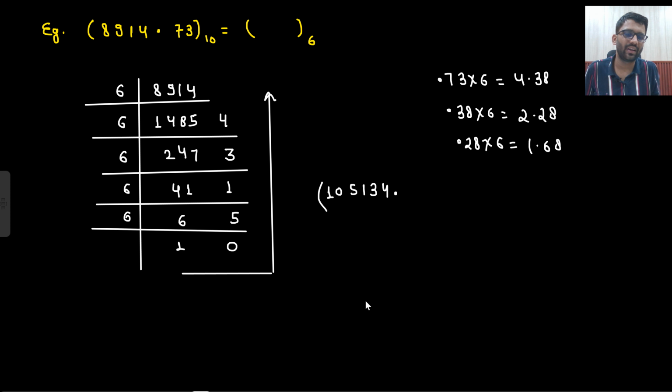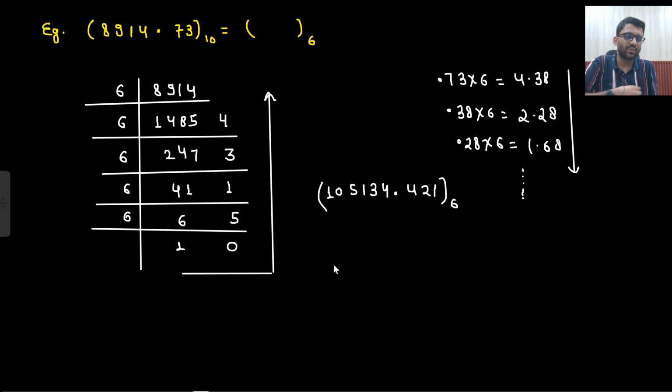You can keep on doing it, but let's not do more steps. You will write from up to down, right? 2 4 2 1 in base 6.